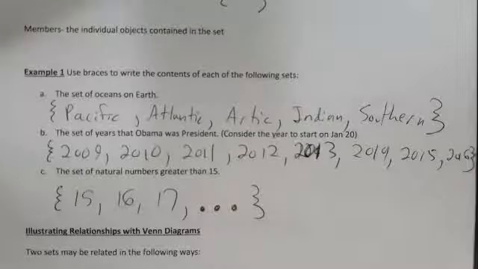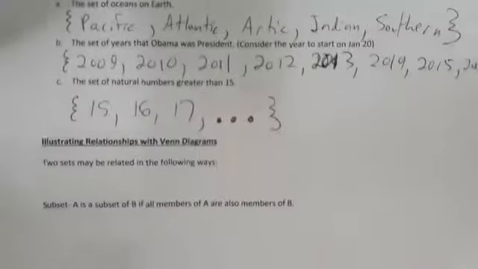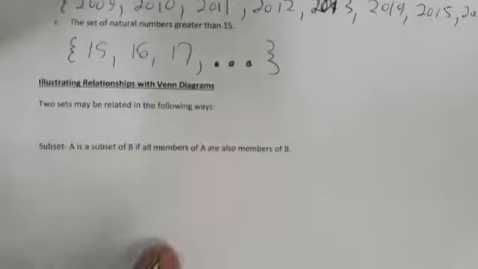So this is sort of what sets look like. This is members. Now we're going to talk about illustrating relationships with Venn diagrams. This might seem like, hey, what the heck does this have to do with math? But this is kind of all we do in math.